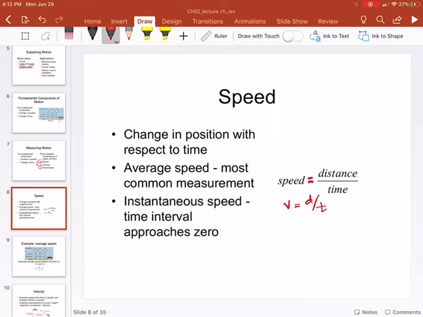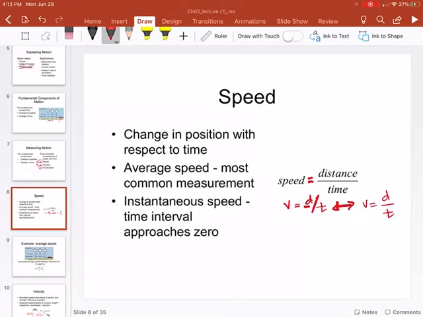I just want to show you the little bit of algebra really quick. So let's say that I was going to have to solve for distance. Let me rewrite this equation. Velocity is equal to distance divided by time, where it's straight up and down.